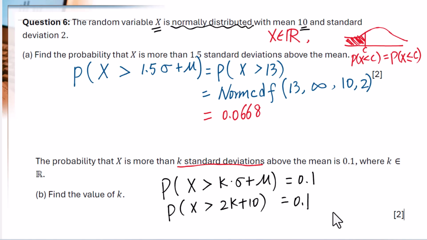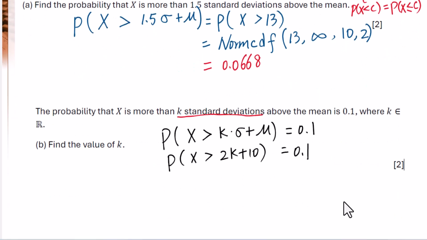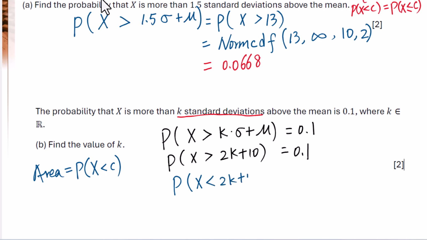Since we are looking for a specific value, we have to use inverse normal. We know area always equals the probability of x less than c. So we need the probability of x less than 2k plus 10 equals 1 minus 0.1 equals 0.9.